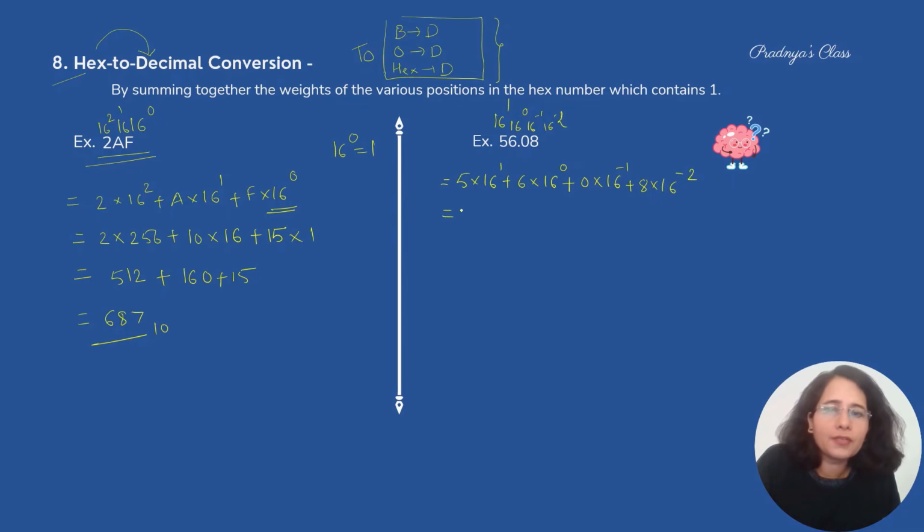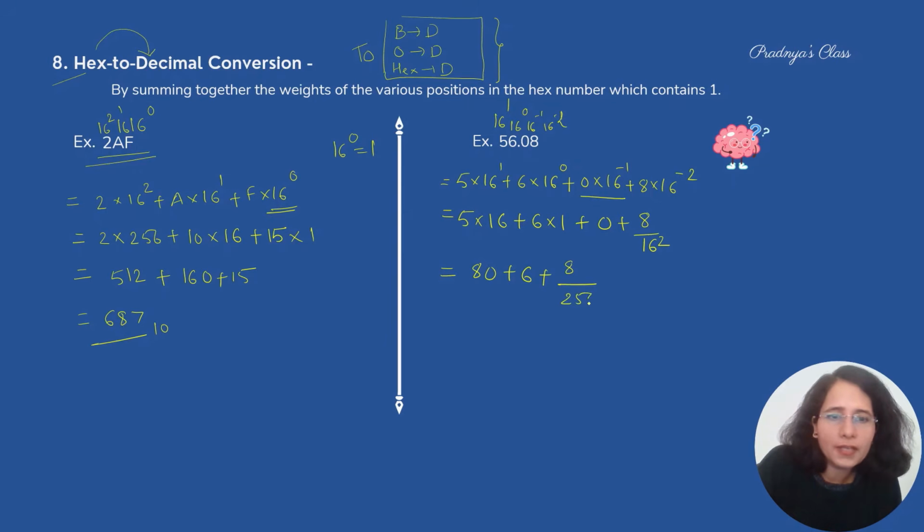Okay, solve it now. It is 5 into 16 plus 6 into 1 plus 0, because multiplication with 0 will be 0, and this will be 8 divided by 16 squared. So now let's solve it further. 16 5s are 80 plus 6, plus 8 divided by 256, right?